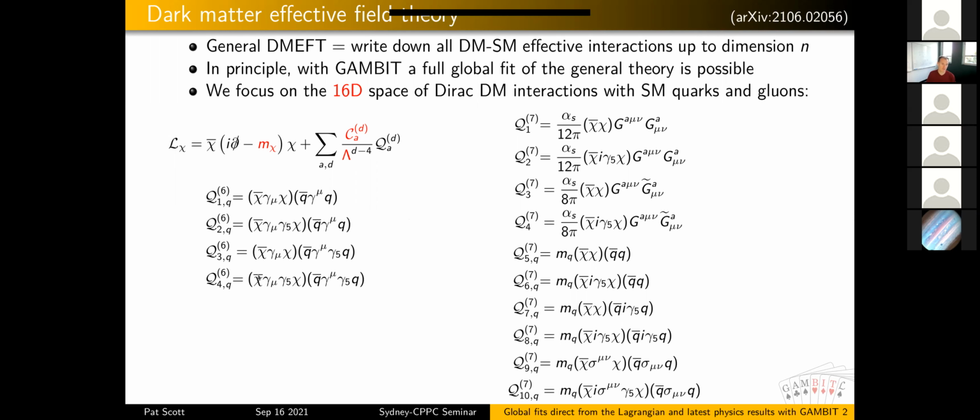There are 4 dimension 6 operators between the dark matter and the quarks. These are the various vector and axial vector interactions. And then we have 10 dimension 7 interactions. These are interactions between the dark matter and the gluons, and then these other ones between the dark matter and the quarks.